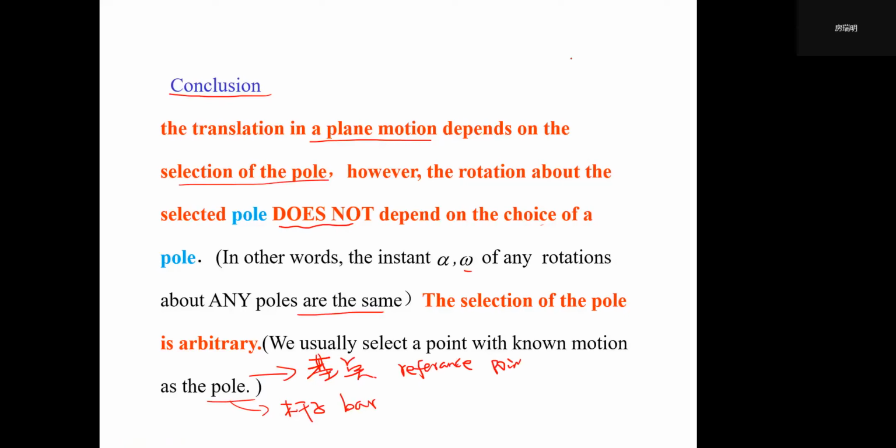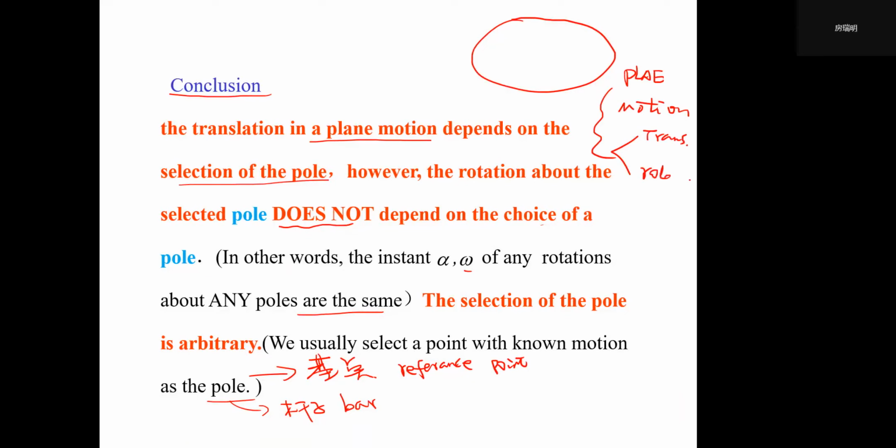So if I draw a figure which has a plane motion, that means at any time moment it will have two components. One is translation, another is rotation.